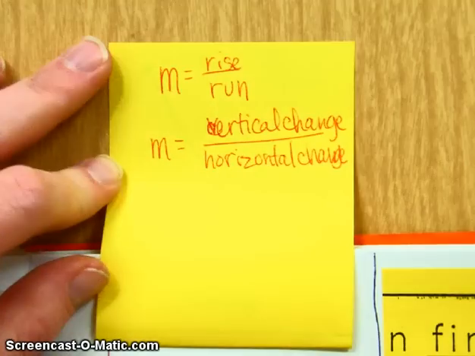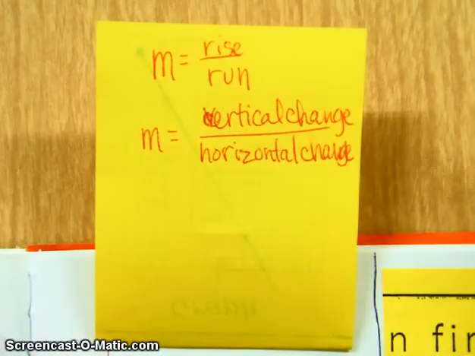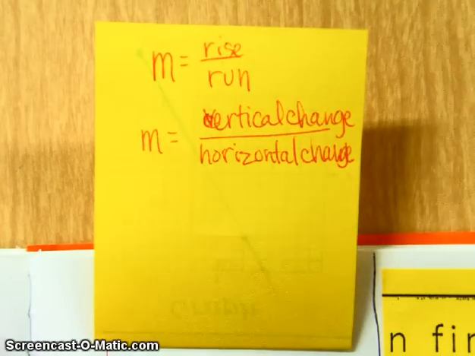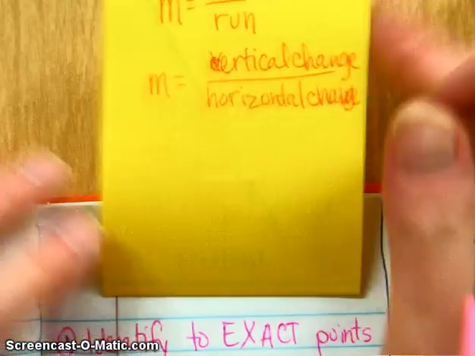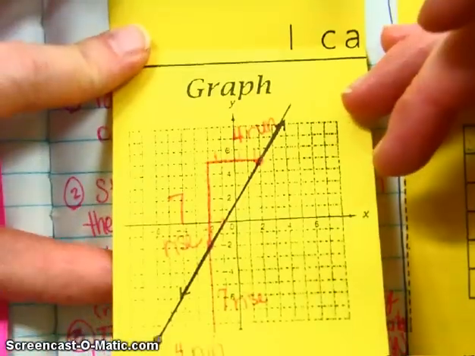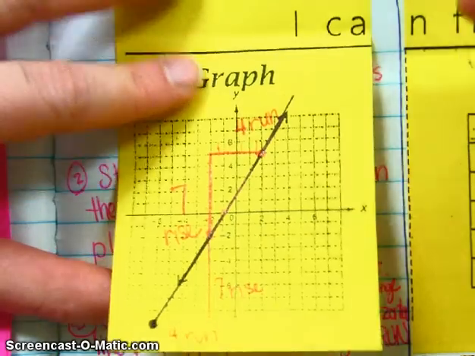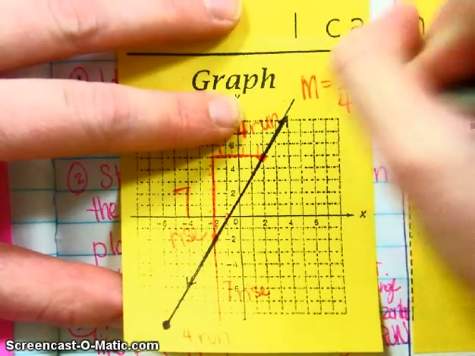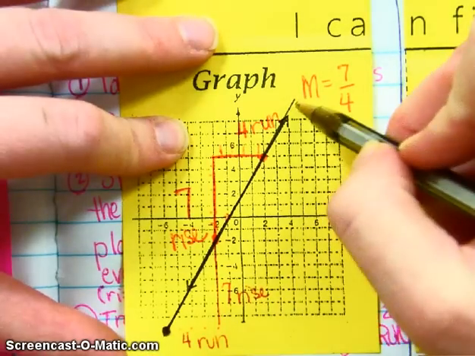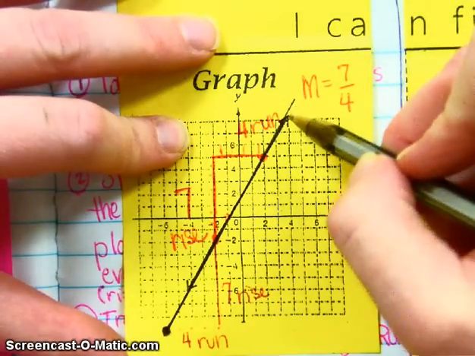M is the variable that we use for slope. Some other little things that you should know is if, in this case, we had 7 over 4, it's a positive slope because it is increasing from the left to the right. It's going up. So it's a positive slope.